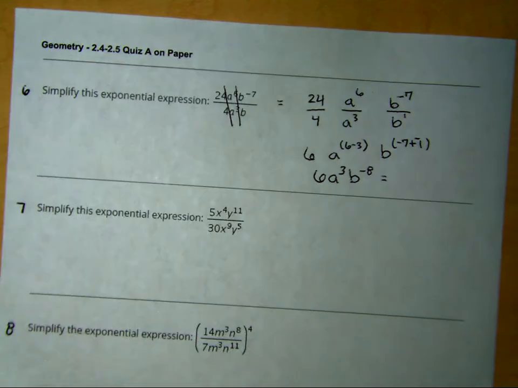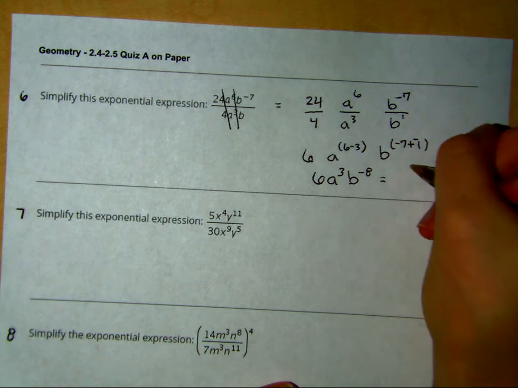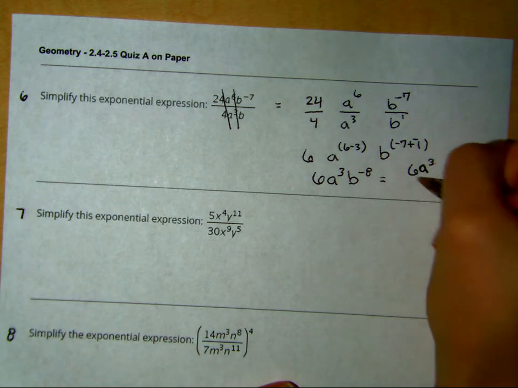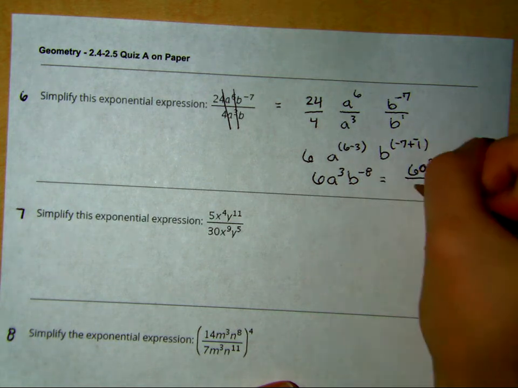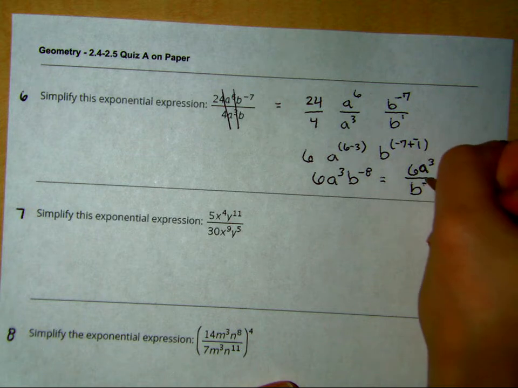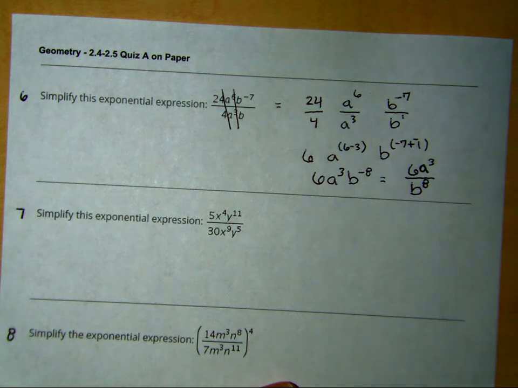And again, we don't like those negative exponents in our final answer, so we're going to keep everything with a positive exponent, and then we flip the variable with the negative exponent across the fraction line and change the sign of your exponent. Okay, so our final answer is going to be 6a to the 3rd divided by b to the 8th.